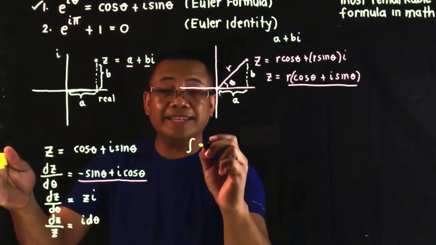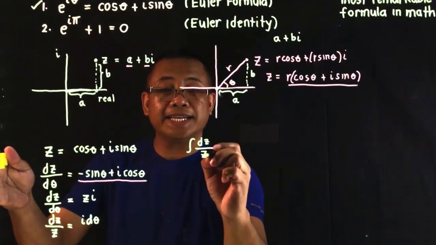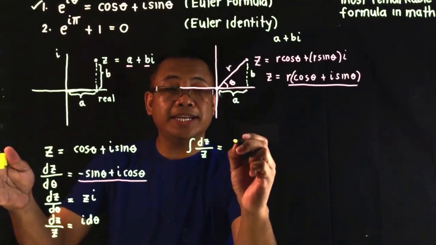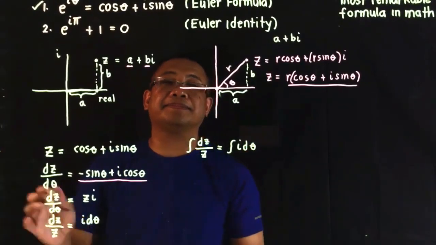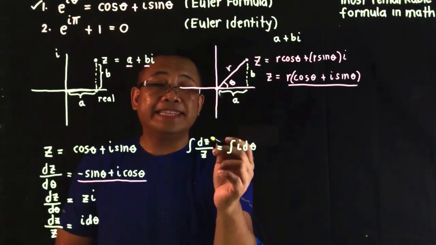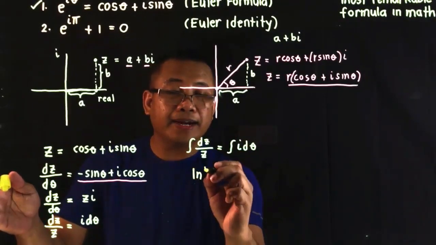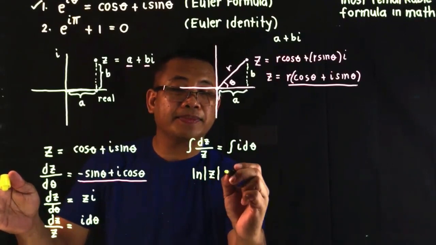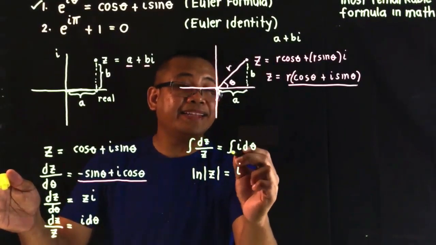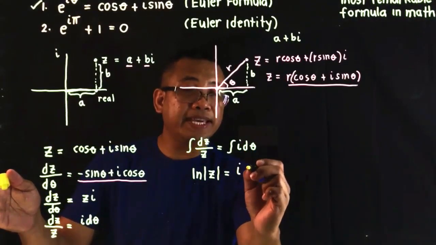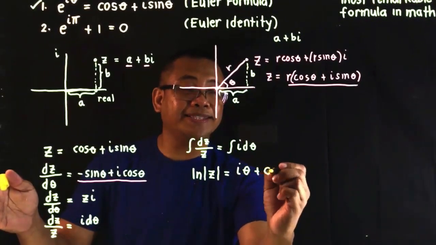And from here, let's get the antiderivative of dz over z, which is now equal to the integral of i d theta. Now, what is the antiderivative of dz over z? The antiderivative is ln of the absolute value of z equals i times the antiderivative of d theta, which is equal to theta plus a certain constant c.